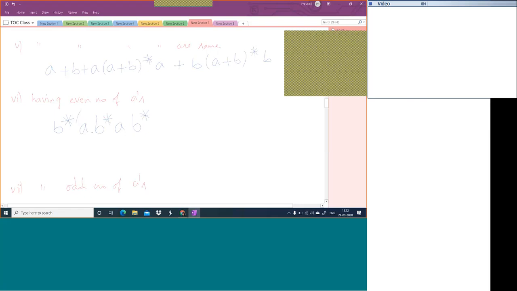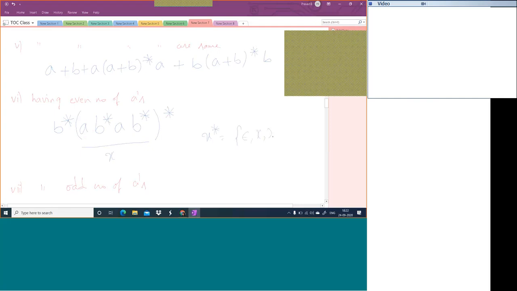So what I do, I will make this as whole star. Now look at this. If I take this as X, and its star is there, X star. What is the meaning of X star?